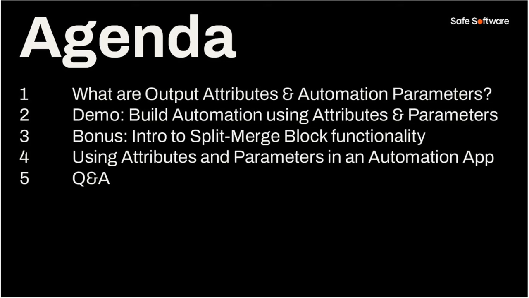So today we're going to get started with an overview on output attributes and automation parameters, and then we're going to jump into a demo of an automation using those. And we've also thrown in a little bonus demo on an introduction to the split merge block in automations. And then we're going to conclude with using those attributes and parameters that we talked about in an automation app before jumping into Q&A.